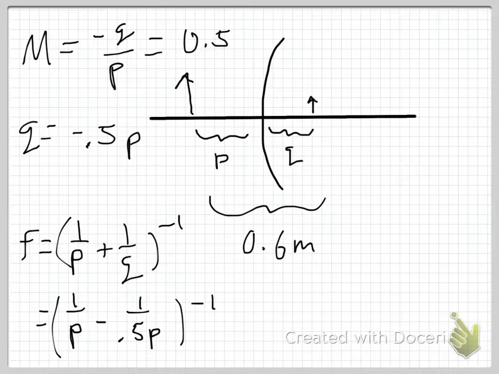And if I run through the math there, I get that this is just equal to (minus 1 over p) inverse, which means, of course, that the focal length is just equal to minus p. Okay, let me go to a different page and do that. Focal length is equal to minus p.